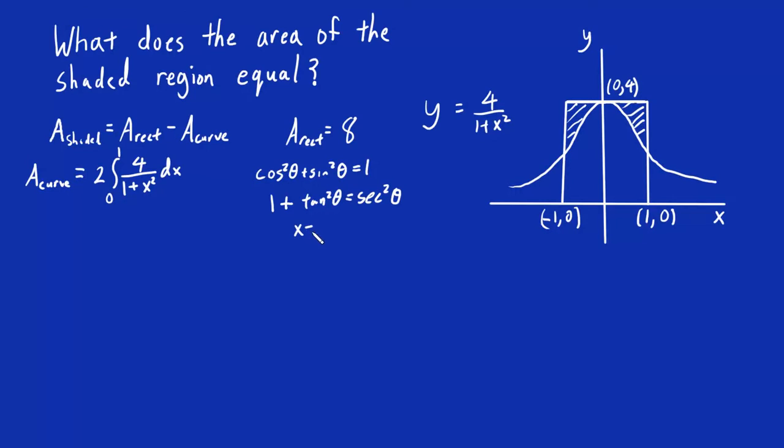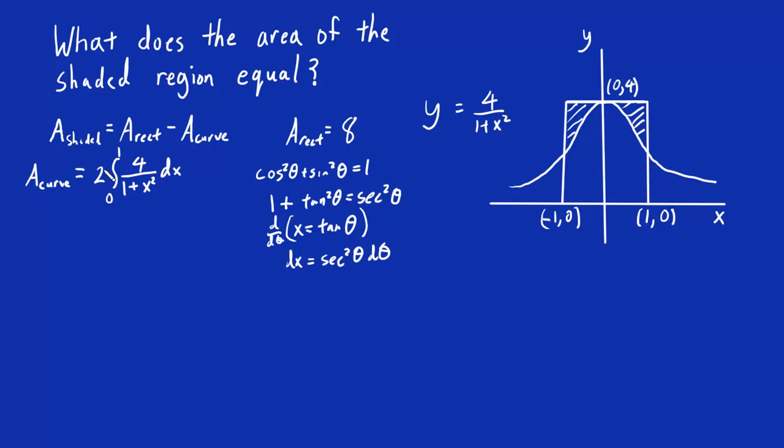We can say x is equal to tangent of theta, and then we also want to deal with this dx and change it into theta world. So let's take the derivative of that with respect to theta. So dx d theta is equal to secant squared theta, and I just brought the d theta to the other side.